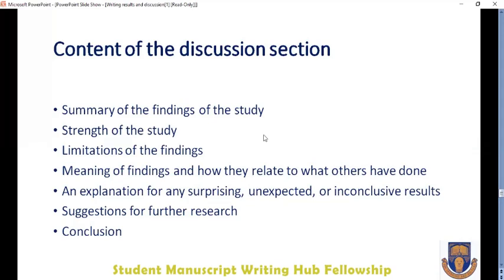If Lawal says that tall people are likely to use glasses, he has mentioned a limitation before, so I will interpret this discussion in the light of the limitation I stated. But if I discuss all my findings initially, and at the end I bring my limitation, it may be difficult for me to go back and relate those limitations to the findings I've discussed. So that's why strength and limitation should come early.